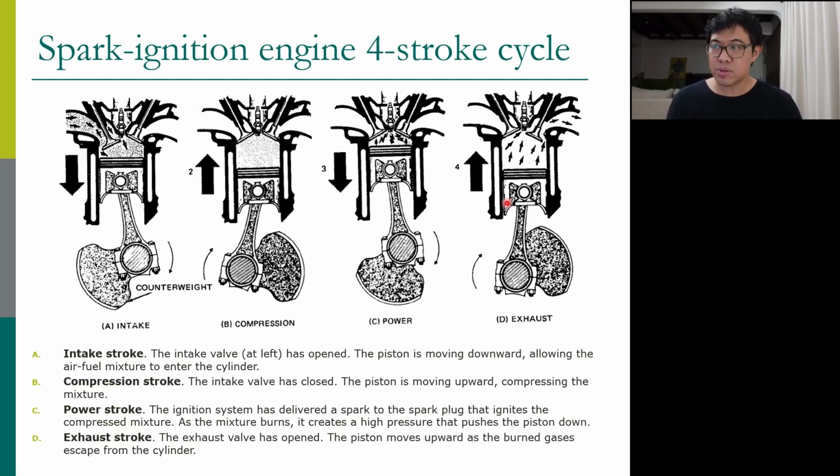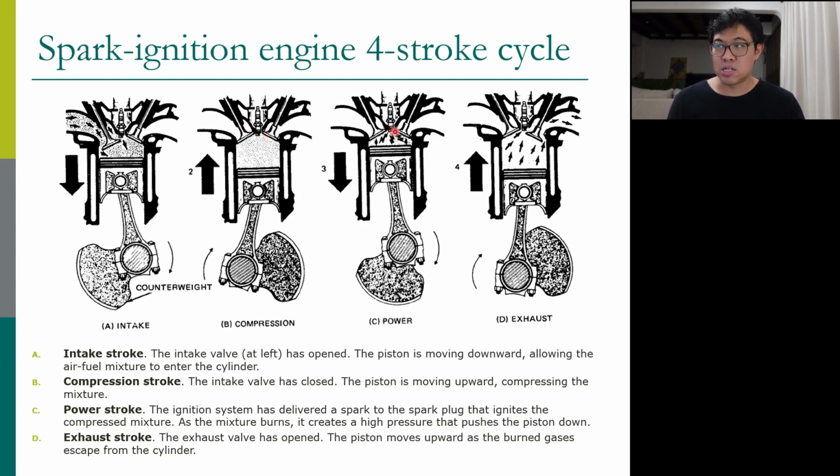Now, the intake, combustion power, and exhaust strokes we already talked about during the last lecture. In a four-stroke spark ignition engine, you have intake, with the piston moving down and fuel coming in, and then compression, where the pressure and temperature increase and both valves are closed.